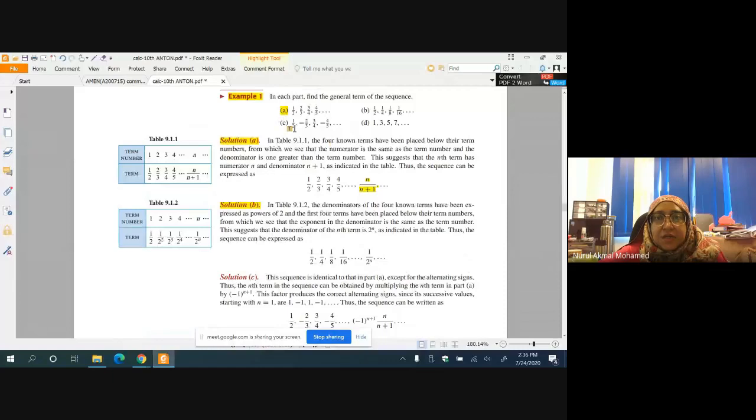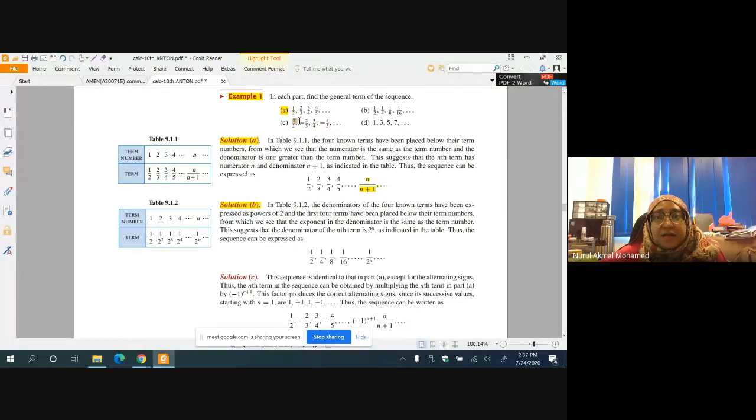Like this one, we have alternate signs, plus and minus. One is positive, another one is negative. The next one is positive, and another one will be negative again. This is 1/2, this is 2/3, this is 3/4, and this is 4/5.